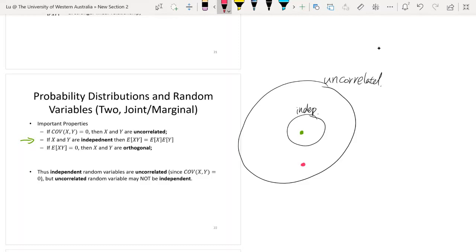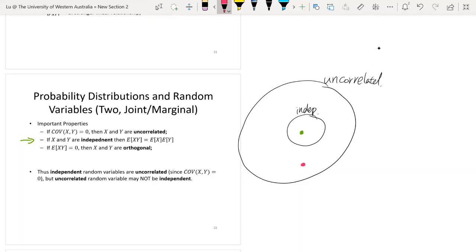So that means the random variables involved in this red dot relationship are not independent. But in the meantime, this red dot is within the uncorrelated set. So these two random variables involved in this red dot are uncorrelated.